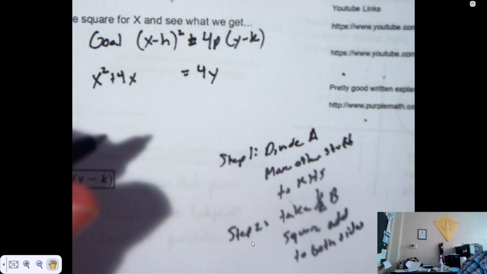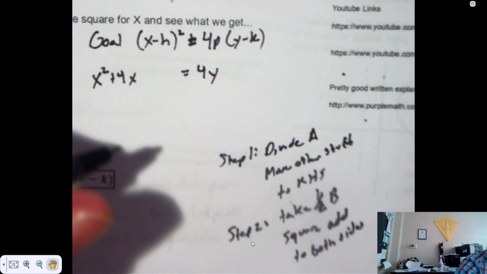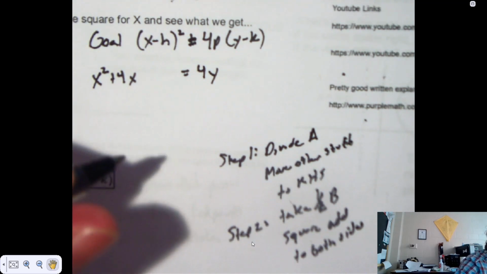Take half of b, square, and after you square it, what do? Add to both sides. You know, the Babylonians could do this 6,000 years ago. They didn't screw up because they were working on clay tablets.